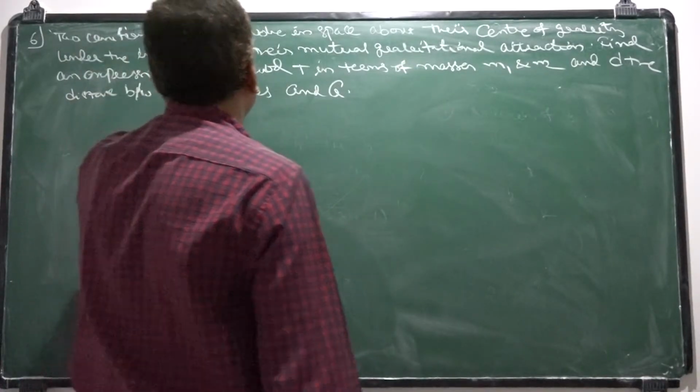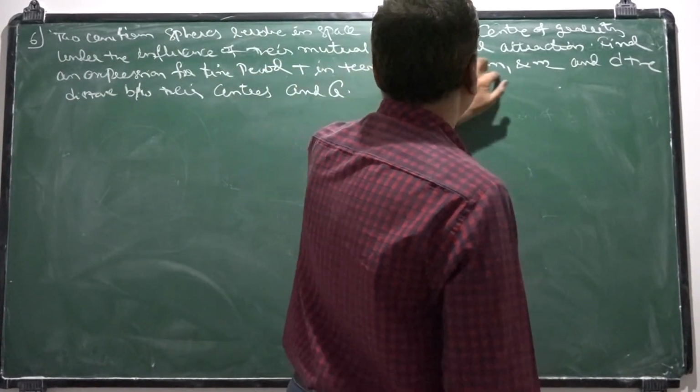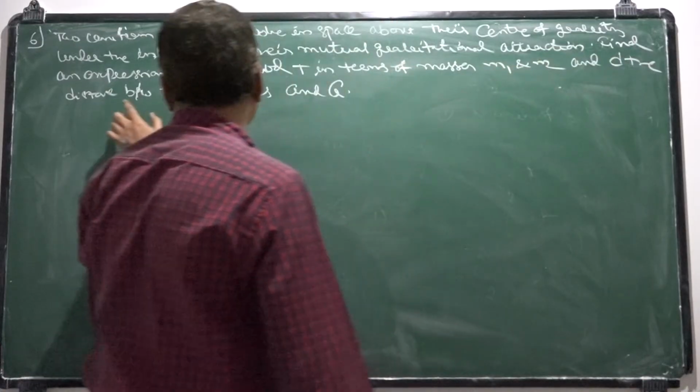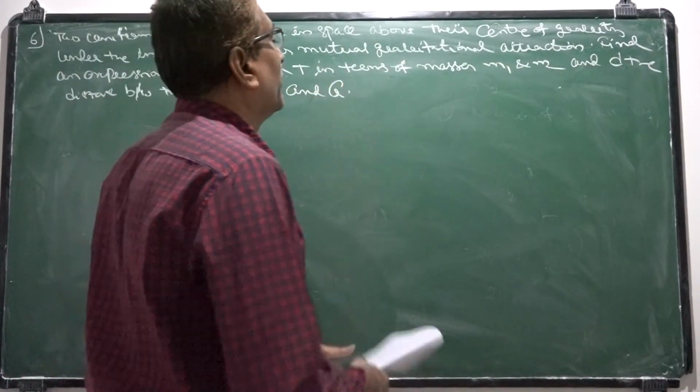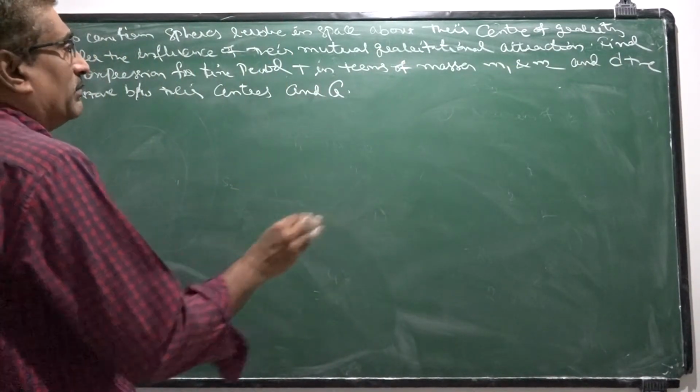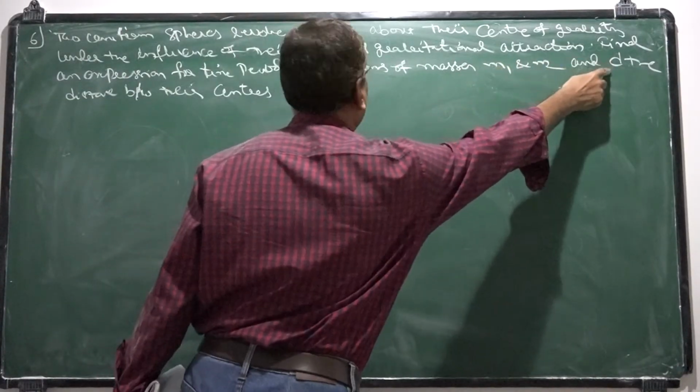Find an expression for time period T in terms of masses m1 and m2, the distance between their centers d, and G. That means the time period expression must contain m1, m2, d and G.